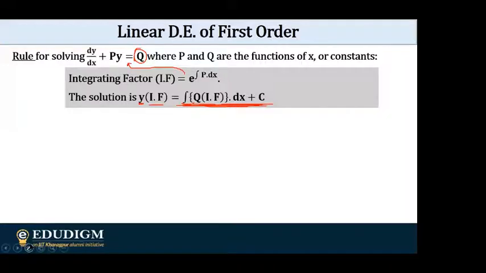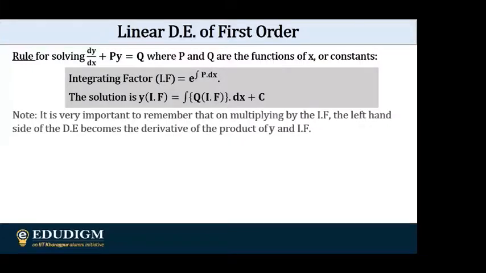All right. So two things. Let's notice two things. First of all, why we have this all of a sudden. The beauty of this integrating factor is such that once you actually multiply both the sides by it, this particular part will be the differentiation of y into if.